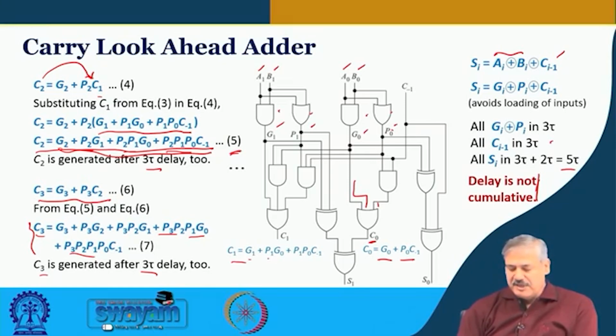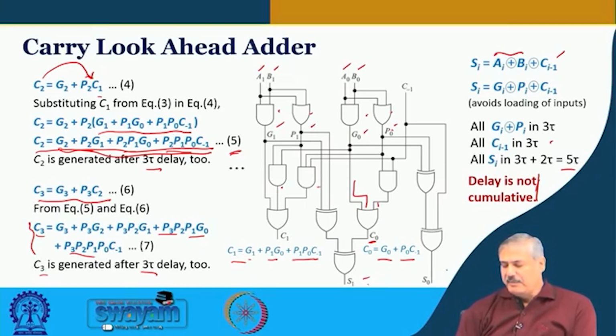C1 will be G1 plus P1 G0 plus P1 P0 C minus 1. So, G1, then P1 G0, and then P1 P0 C minus 1. That is how C1 is getting generated.